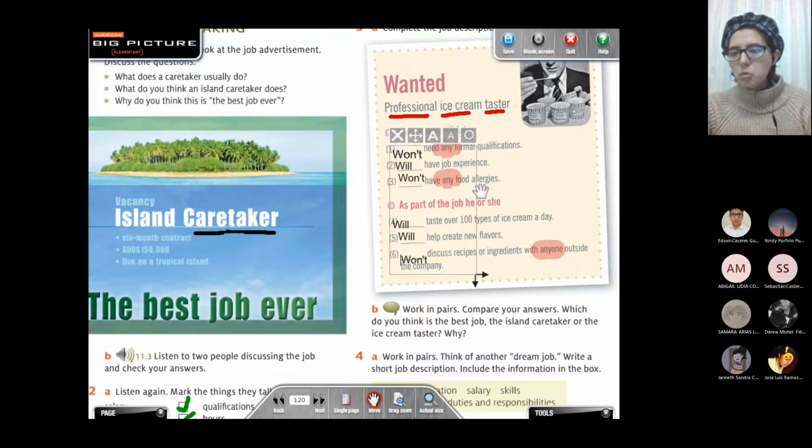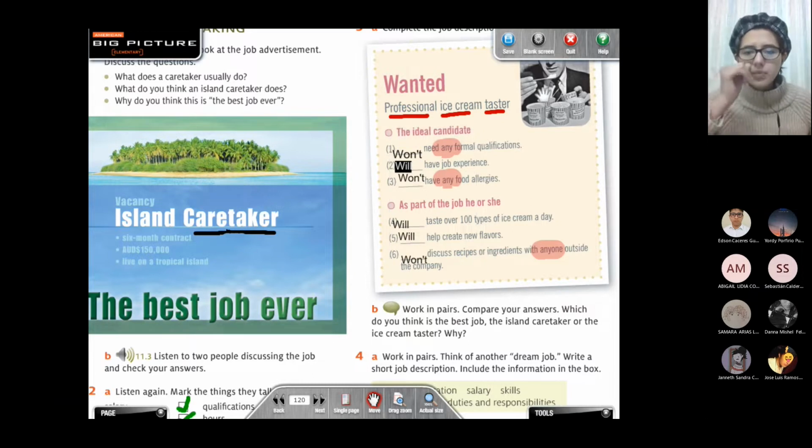Professional ice cream taster, well, I think that doesn't require a lot of formal qualifications. You need to have a job experience. Well, here I will say won't have job experience or will, but it's easy, right?